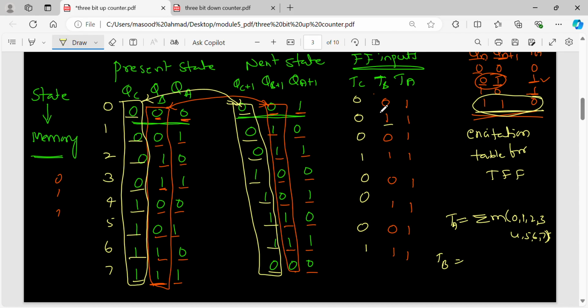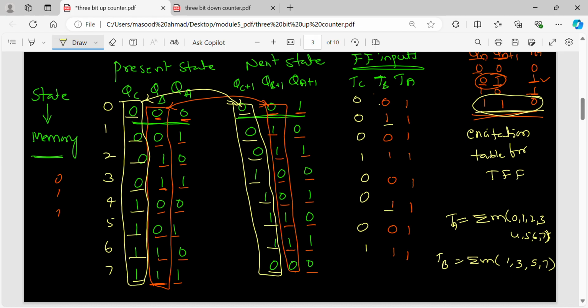It is 1 for 1, it is 1 for 3. For 2 it is 0, for 4 it is 0, for 5 it is 1, and for 7 it is 1.